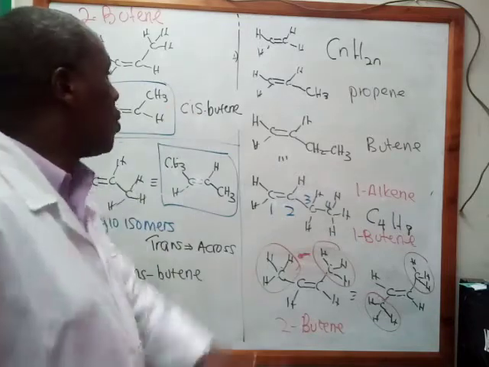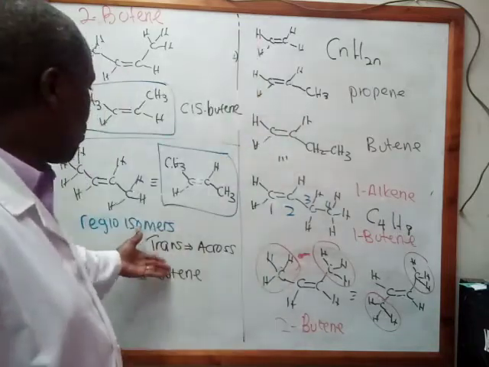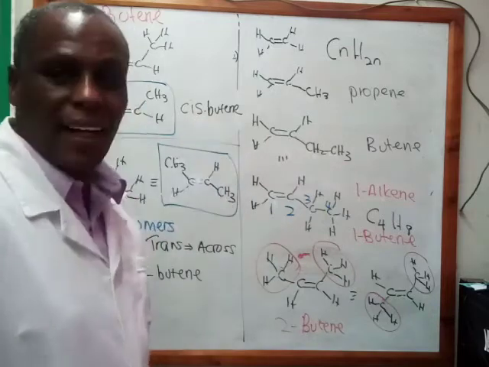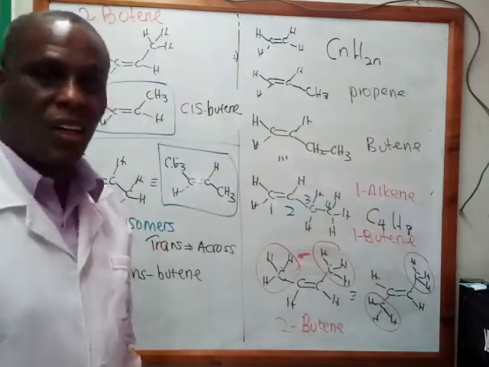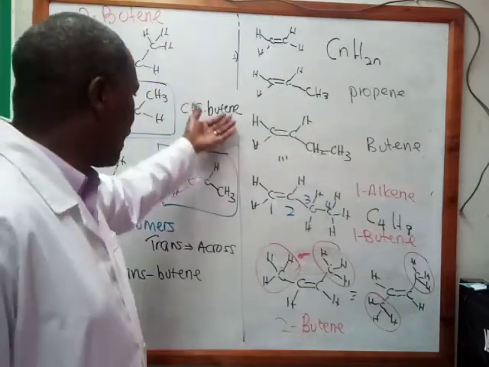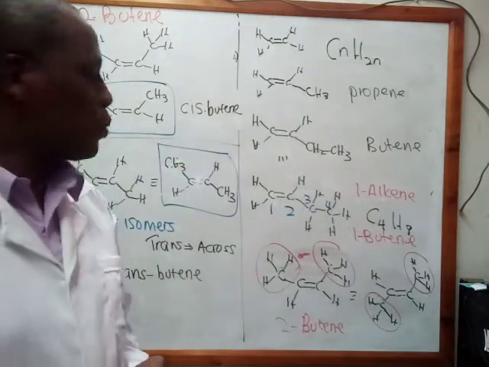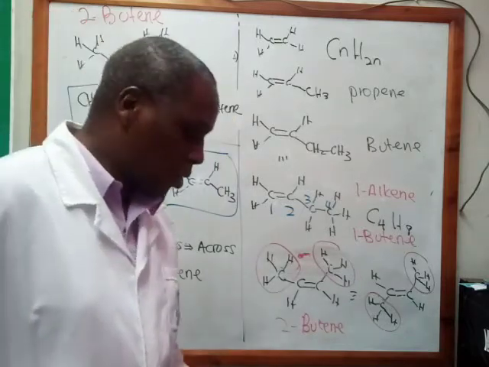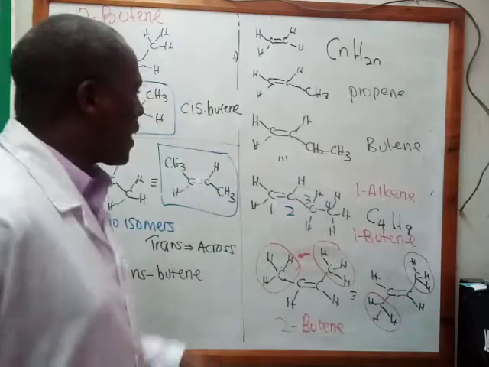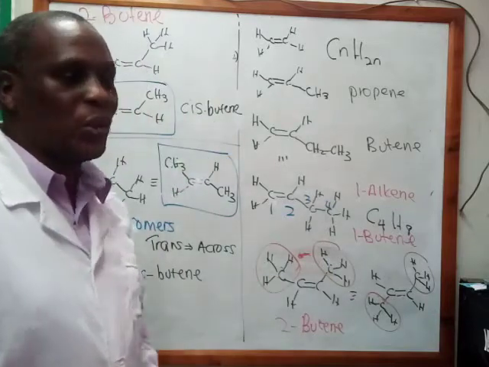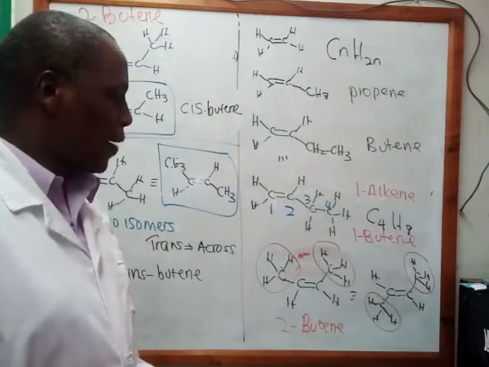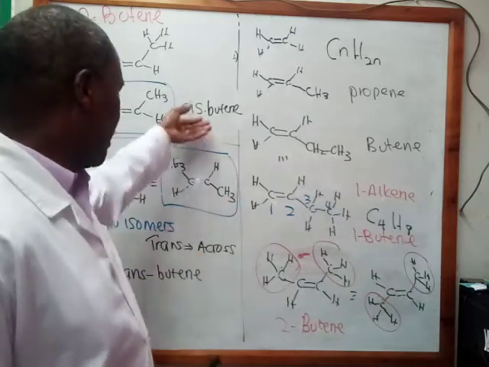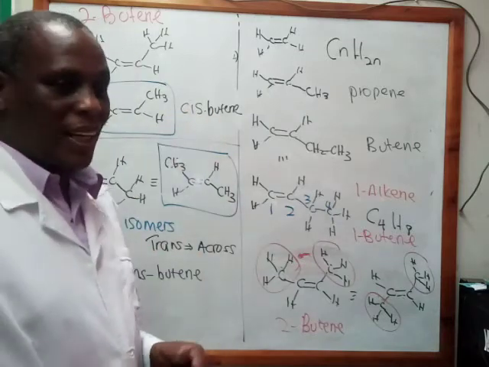So I want to take a break now. It's approaching close to the hour. I want to take a short break, and when we come back, I want to show you another type of isomerism when you're dealing with an alkene.